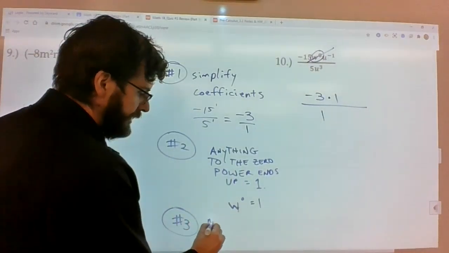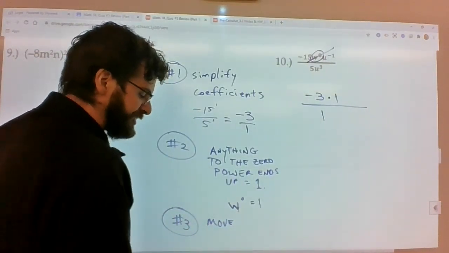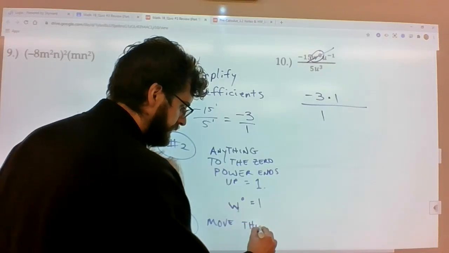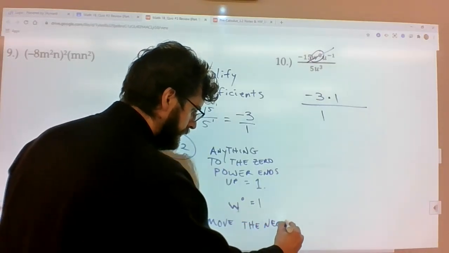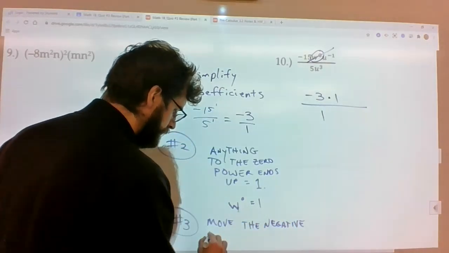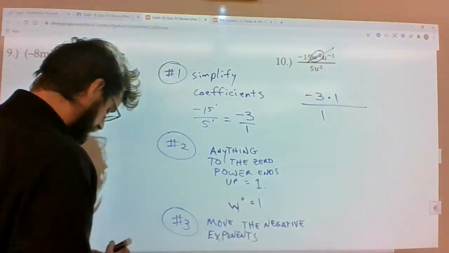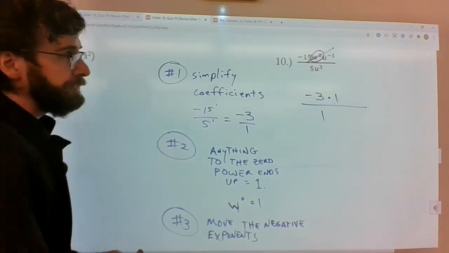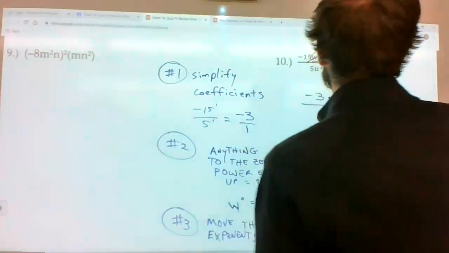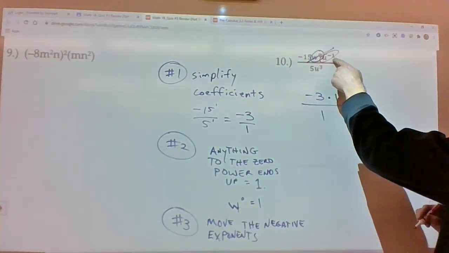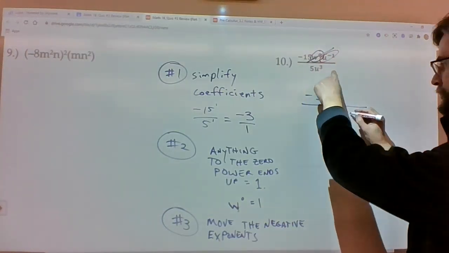3. Move the negative exponents. So if you see u to the negative 1, that means I'm going to move it to the opposite part of the fraction.